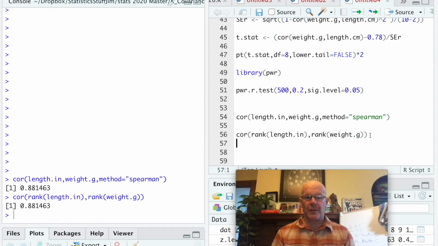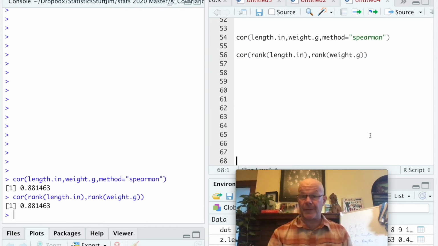People just feel more comfortable doing that if their data are clearly not a bivariate normal distribution, especially if it's weird bimodality and stuff like that. But that's all it is. So all the mystery is gone now with Spearman. If you understand Pearson's, you understand Spearman; you just know that Spearman is Pearson's, but you have done the nuclear option by exploding things.